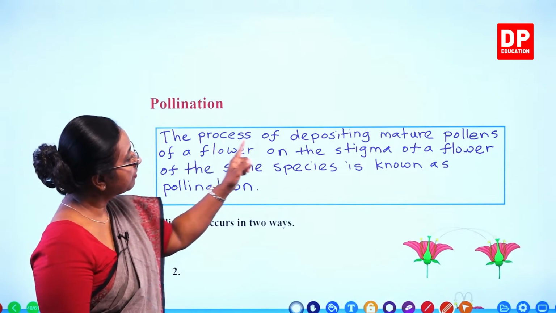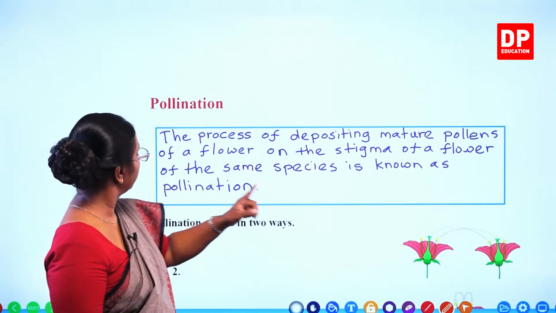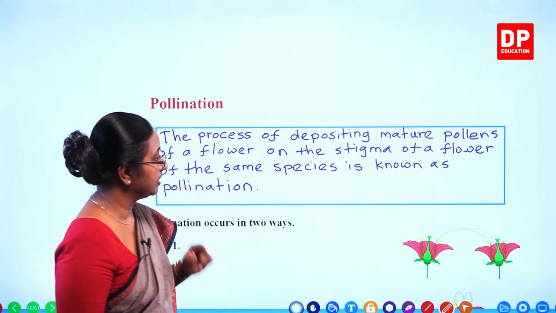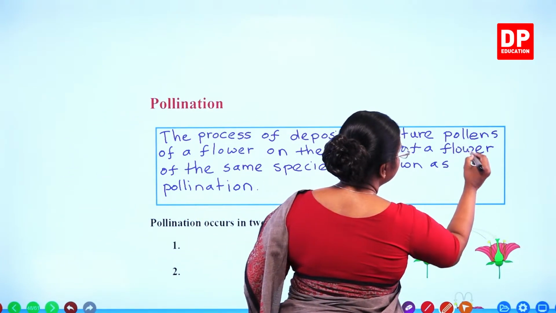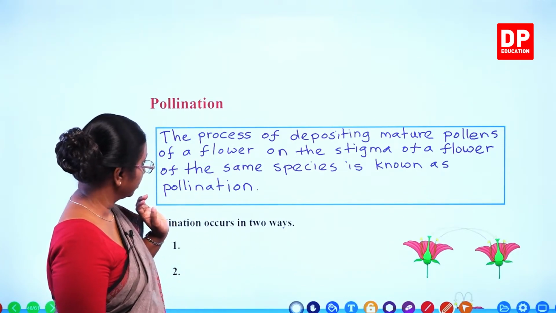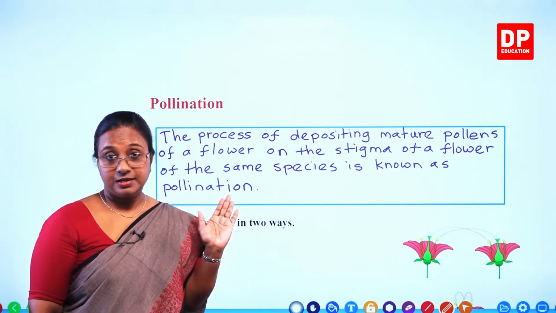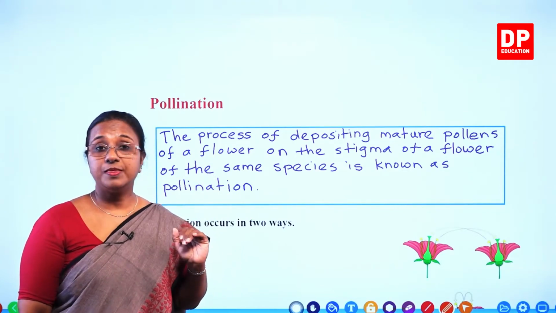So, the process of depositing mature pollens of a flower on the stigma of a flower of the same species is known as pollination. So, it has to be the pollens from the anther depositing on the stigma.